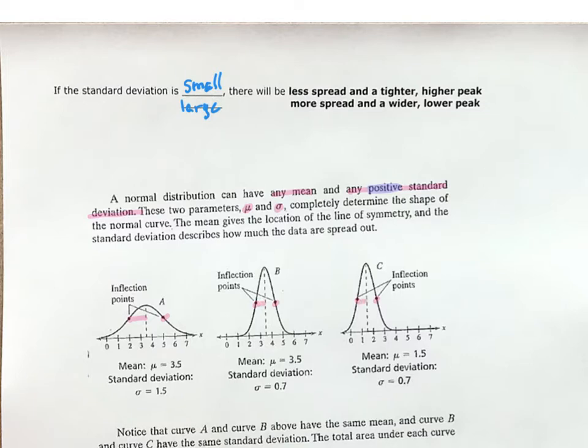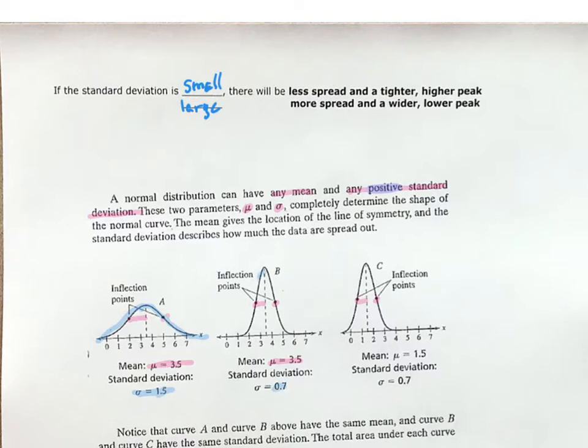in each case. I want you to notice the mean for each of these problems. These first two have a mean of 3.5. So they have the same mean, but a different standard deviation. This curve is a little bit lower and wider, so it has a larger standard deviation.